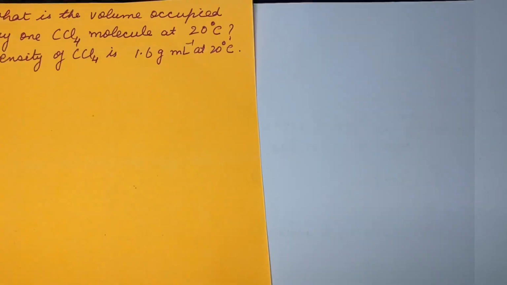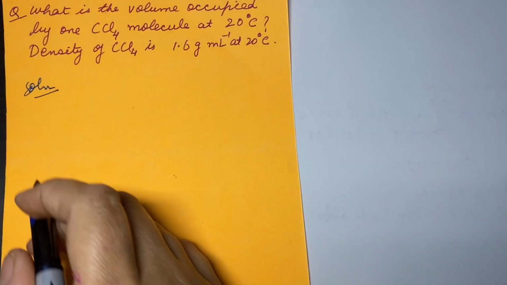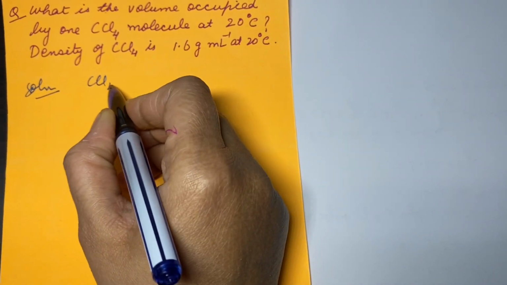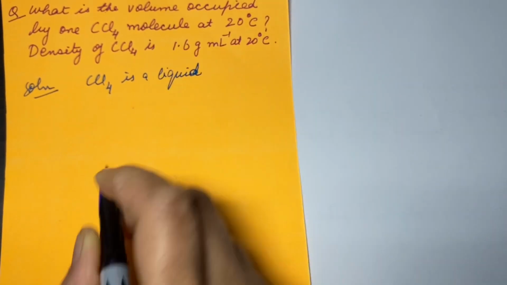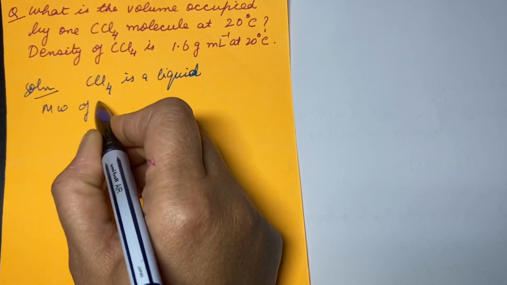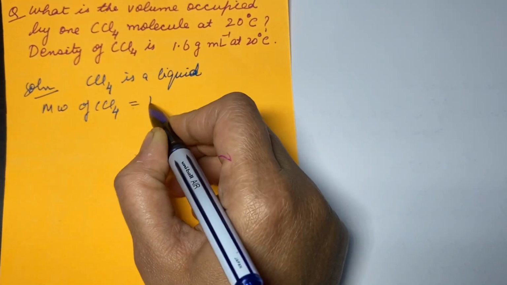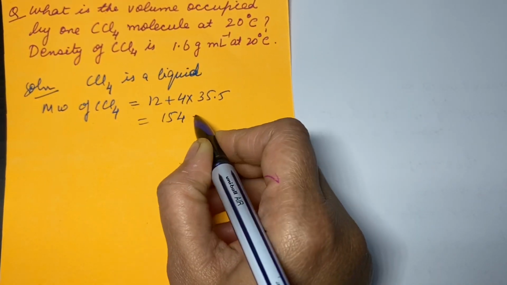Now the next one. What is the volume occupied by 1 CCl4 molecule at 20 degrees Celsius? Density of CCl4 is 1.6 grams per ml at 20 degrees centigrade. Since CCl4 is a liquid, the molecular weight of CCl4 is 12 plus 4 into 35.5, that comes out to be 154 grams.